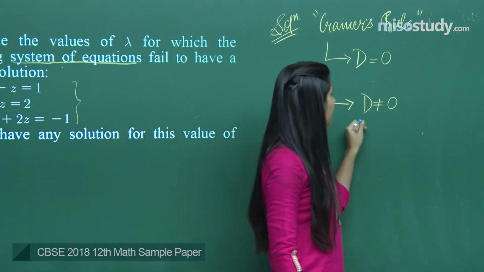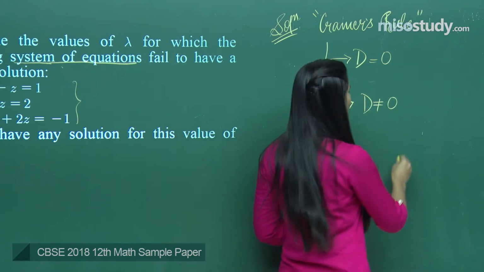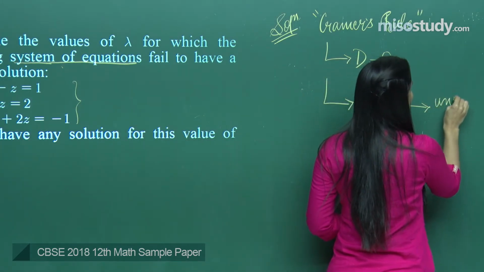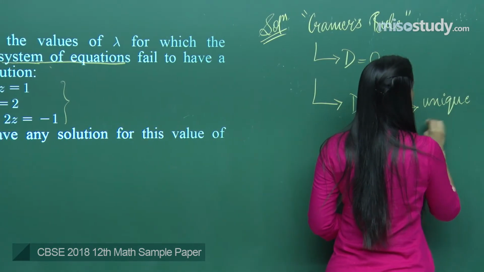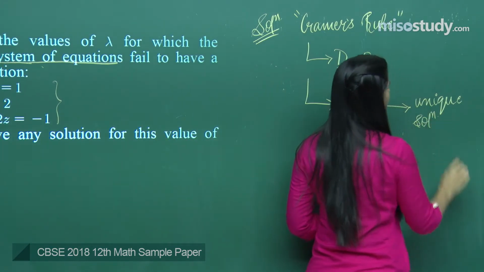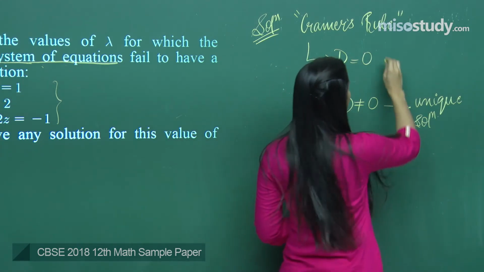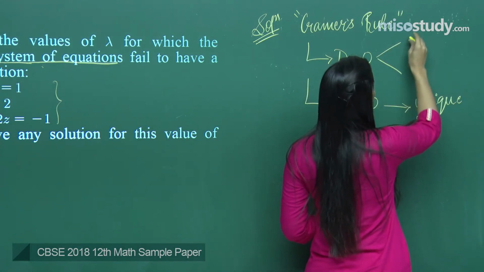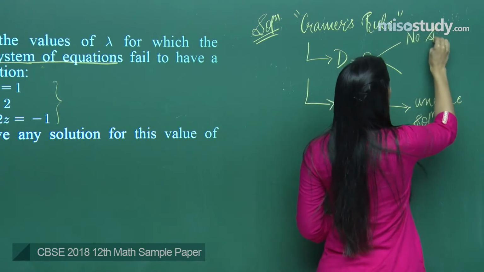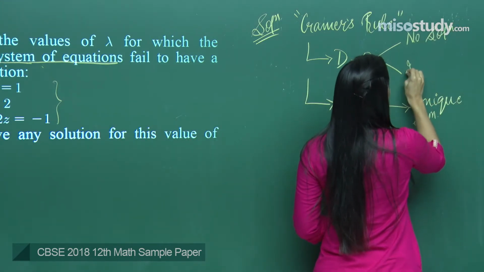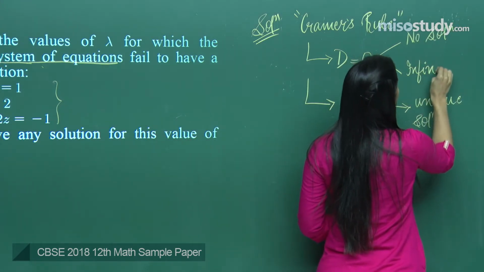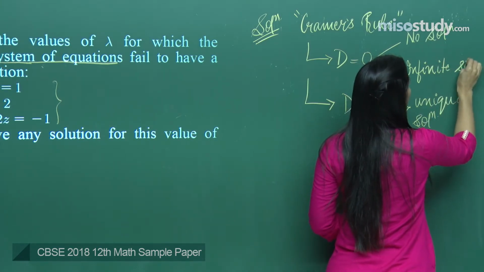If the determinant is not equal to 0, that means it has a unique solution. And if the determinant of the coefficient matrix is 0, that means either it has no solution or it has infinitely many solutions.